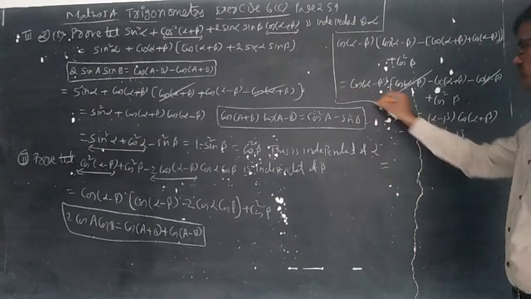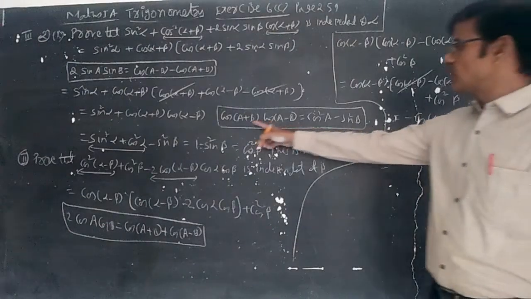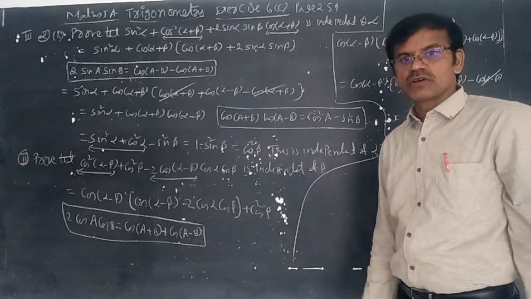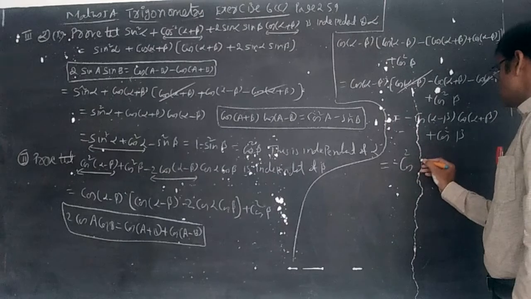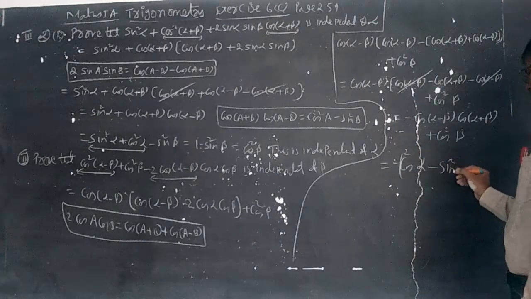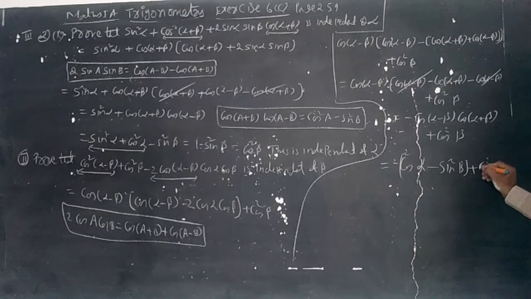Here only we have written the cos(a plus b) into cos(a minus b) formula, cos square a minus sin square b. So you can write here cos square alpha minus sin square beta, plus cos square beta.